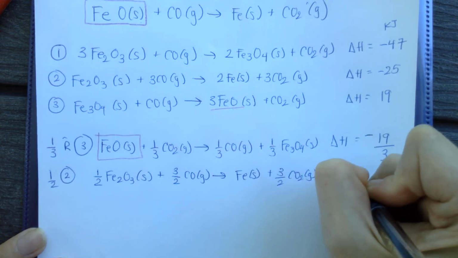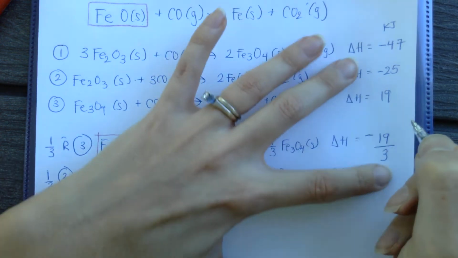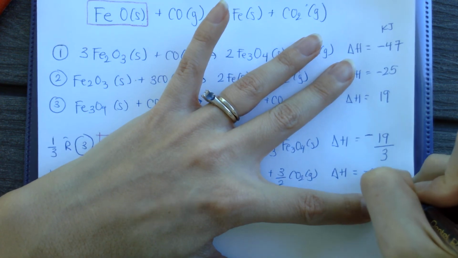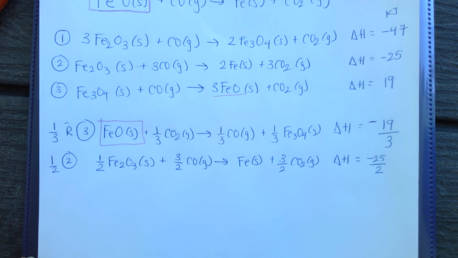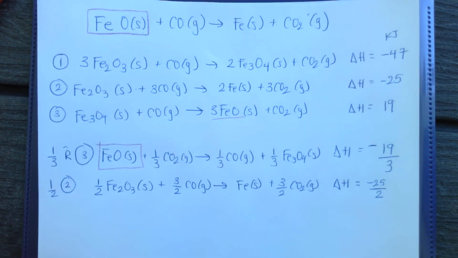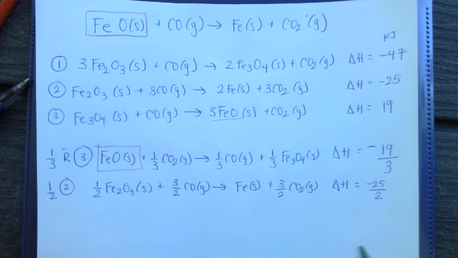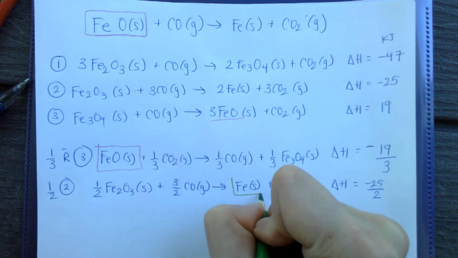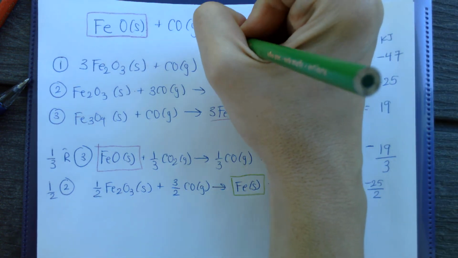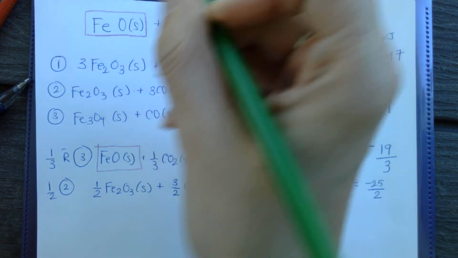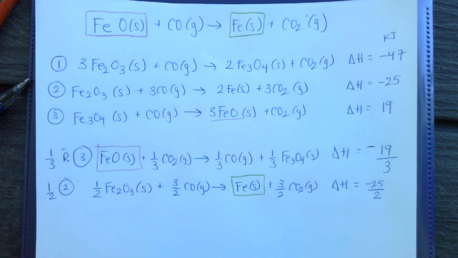So now our delta H is equal to still the negative 25, but now divided by 2 since we multiplied through by 1/2. Okay, so we'll use green here. So we have this on the product side with a coefficient of 1, just like in our reaction above.